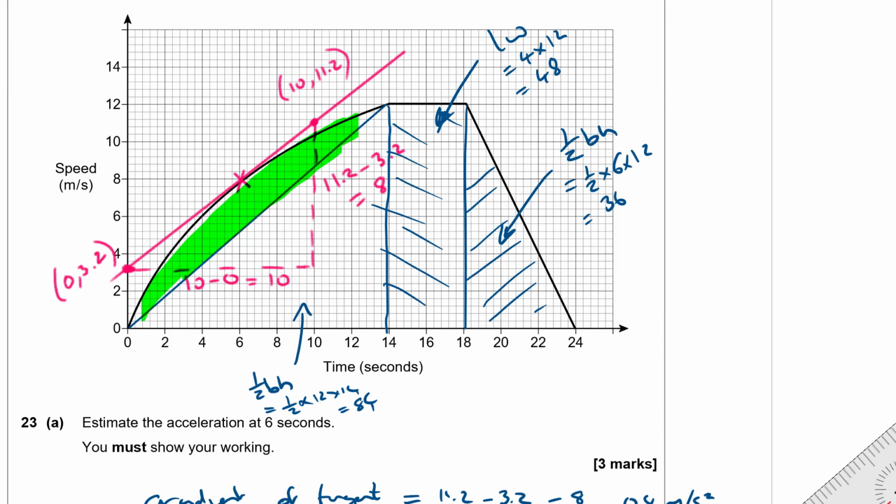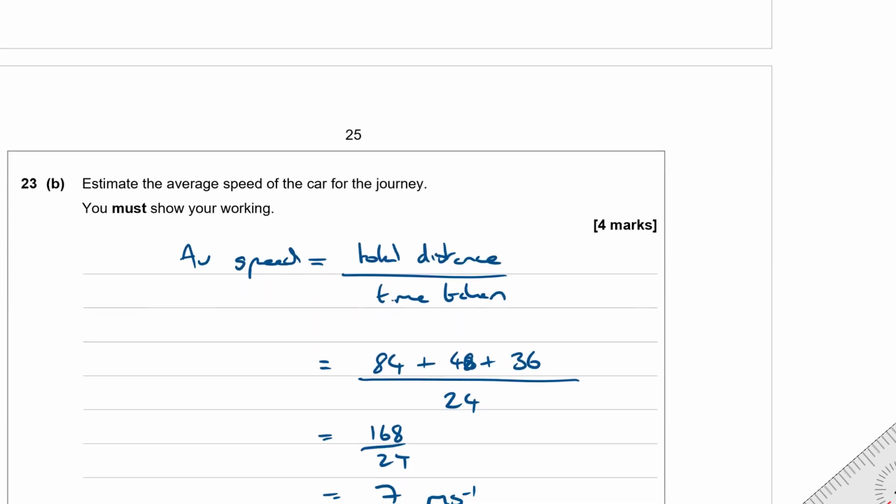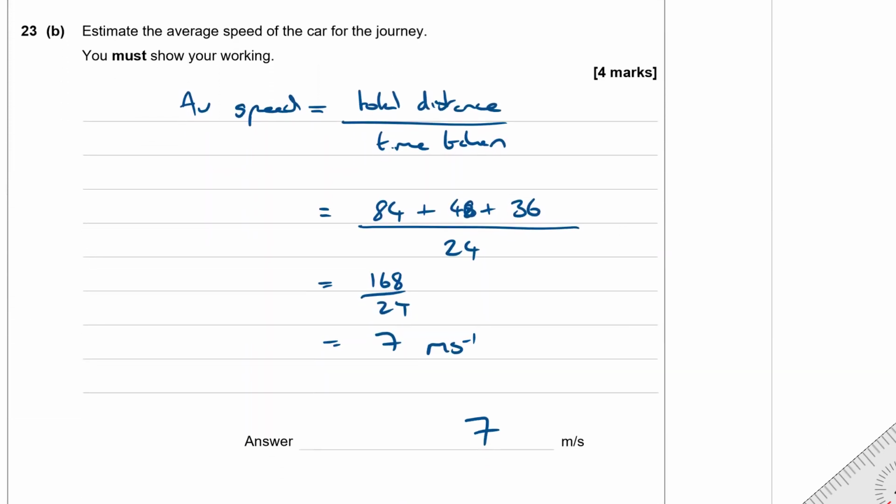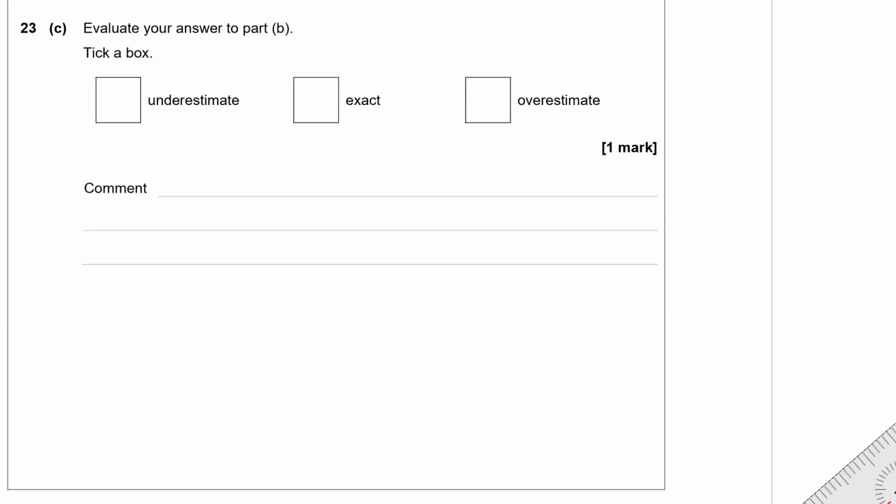So if in our calculation the distance was low, then we've got a low number divided by a number, so this speed then is going to be low. It's going to be an underestimate.